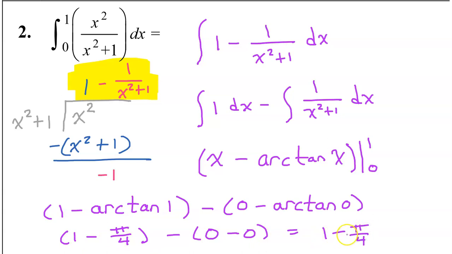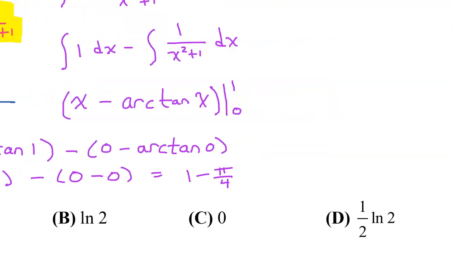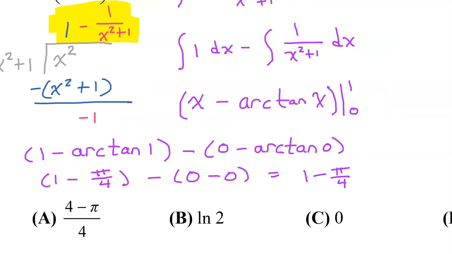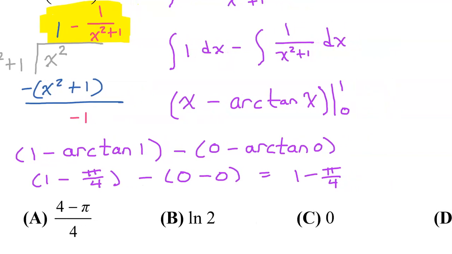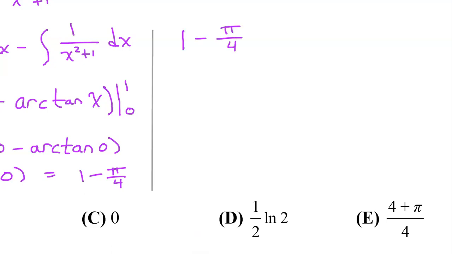Let's check the answer choices and see if this shows up. As I scroll through the answer choices, I do not see 1 minus pi over 4. It's pretty easy to see which one is going to be the answer, but let's go ahead and combine this into one fraction so we can see how it matches one of these answer choices.